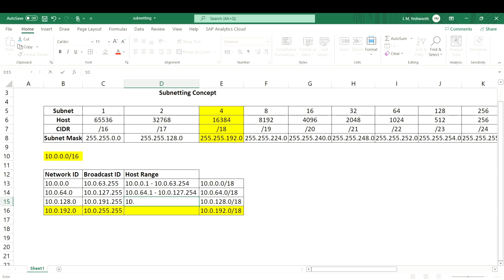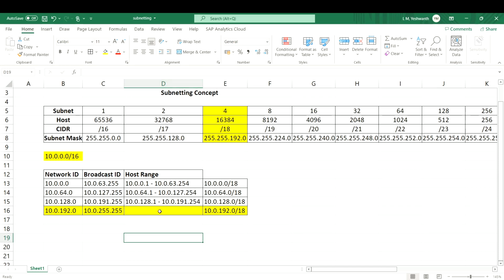Let me do it very quickly. 10.0.128.1 till 10.0.191.254. Okay, so that is all. Let me expand it again.